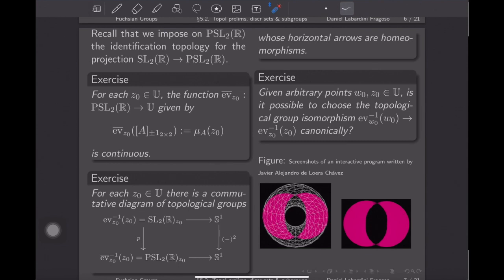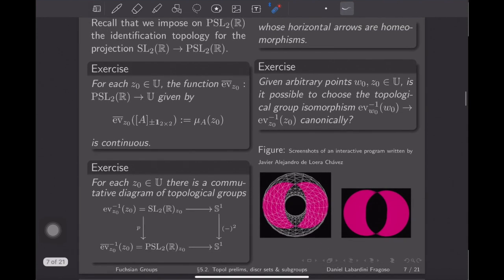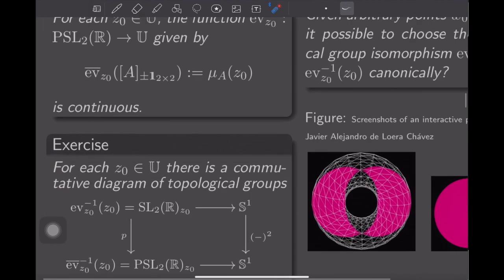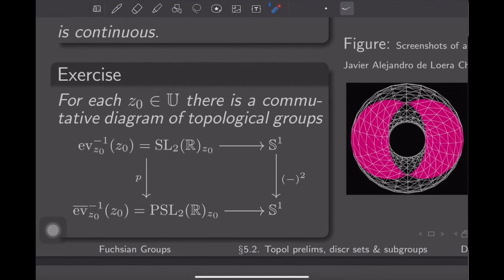Right, and then one can see, if we take in particular Z naught as our compact subset of U, when one asks for all those matrices with the property that the corresponding Mobius transformation maps Z naught to Z naught, what I have is the stabilizer of Z naught for the action of SL2R on U by Mobius transformations.